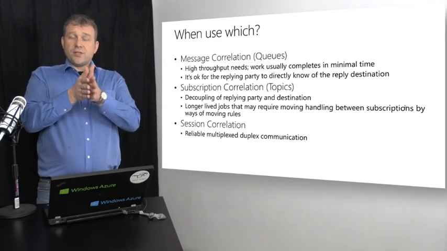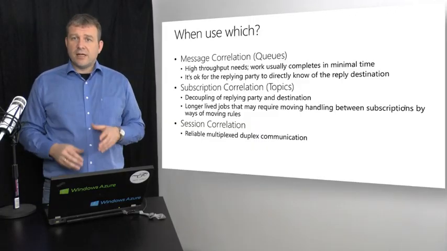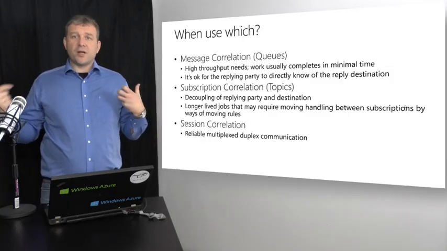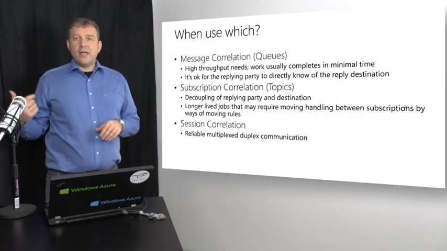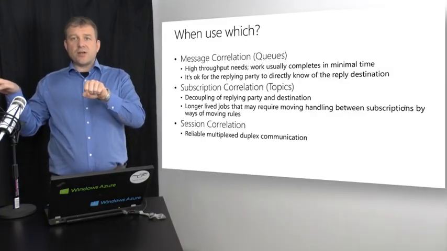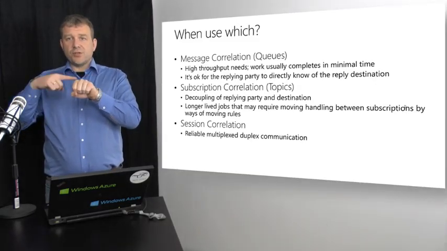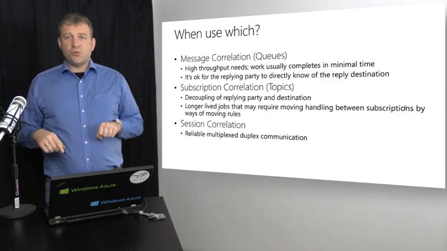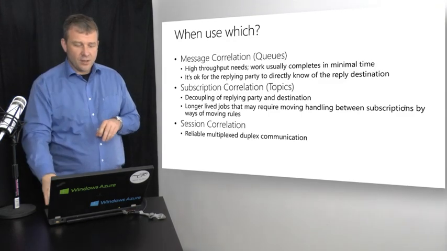Then you can use the rules of subscriptions as a way to anonymize the receiver and to decouple the replying party from the receiving party. Or if you are sending out a job, but there's a risk that your sender will die away, then you can use subscriptions to reroute to a different receiver, to a different subscription. You can move this up and down.